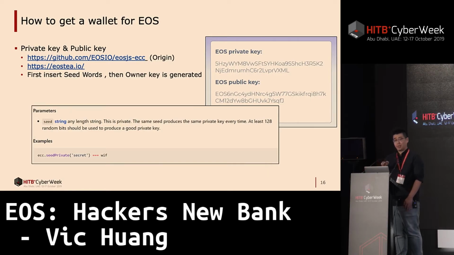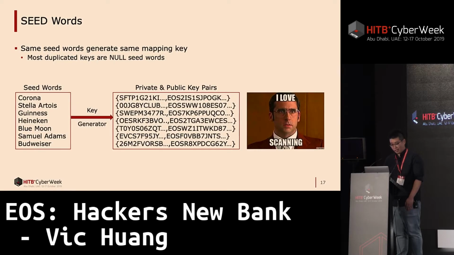But some people reported that their key pairs were reported as used or error. After they dug in, it's because they inserted a null seed word, or the same seed word. So the private key will be duplicated. And that is a critical problem.